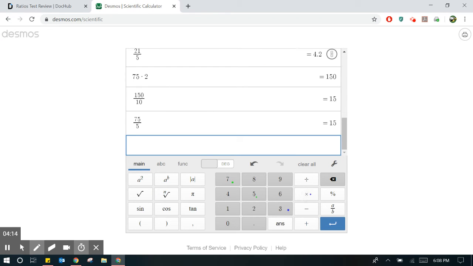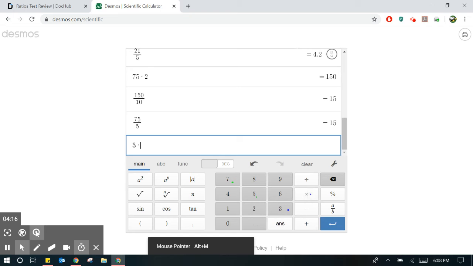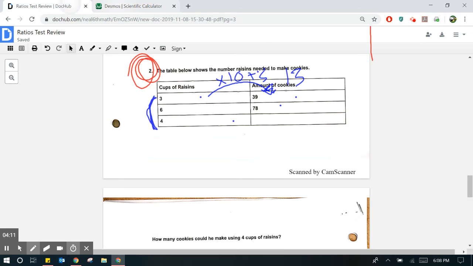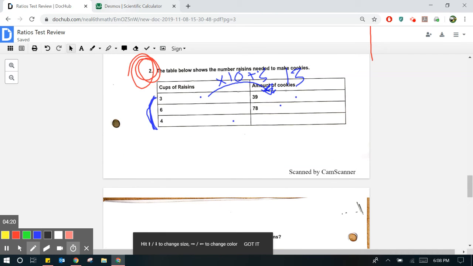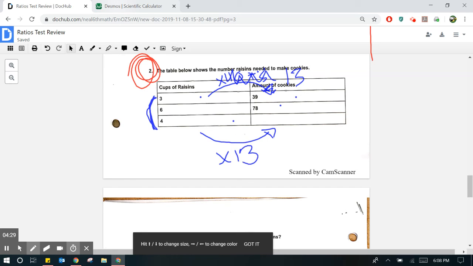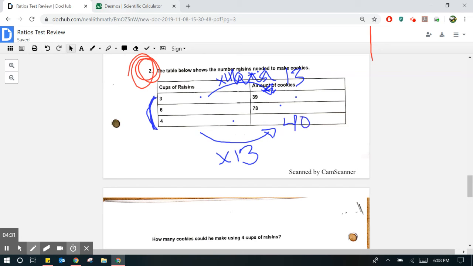Oh look, Coach Schaffer's math is right. So it's just times 13. Then 4 times 13, well, 4 times 10 is 40, and 4 times 3 is 12. So 4 times 13 is 52 cookies.